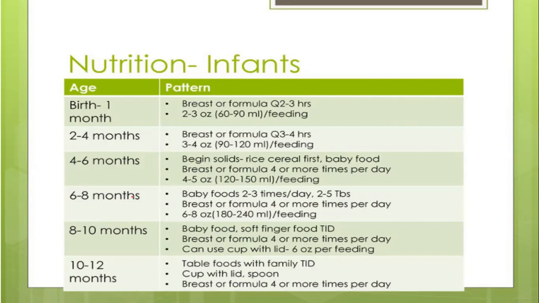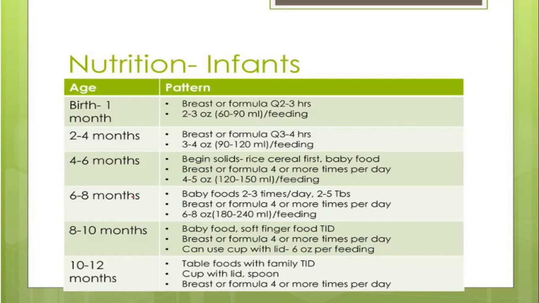They begin solids, rice and cereal first, and baby foods, and breast or formula four or more times per day. So what the World Health Organization tells us to follow is that this baby should be breastfed until the age of 6 months, right? And it also should be prolonged.